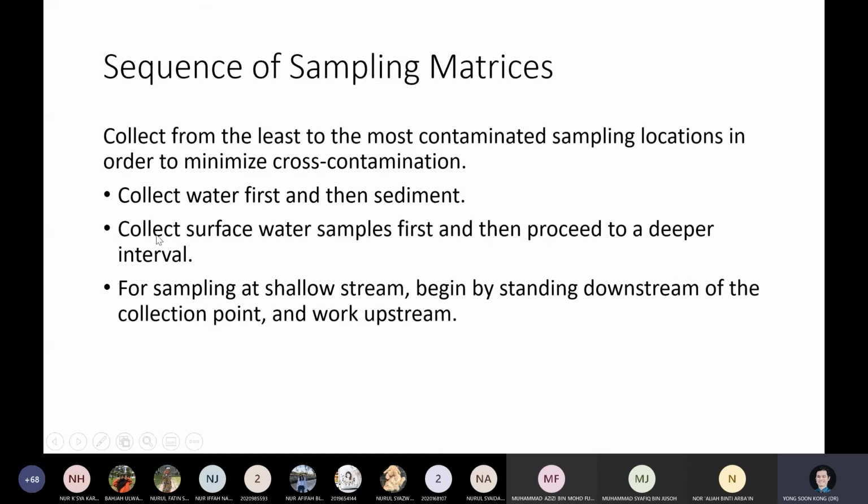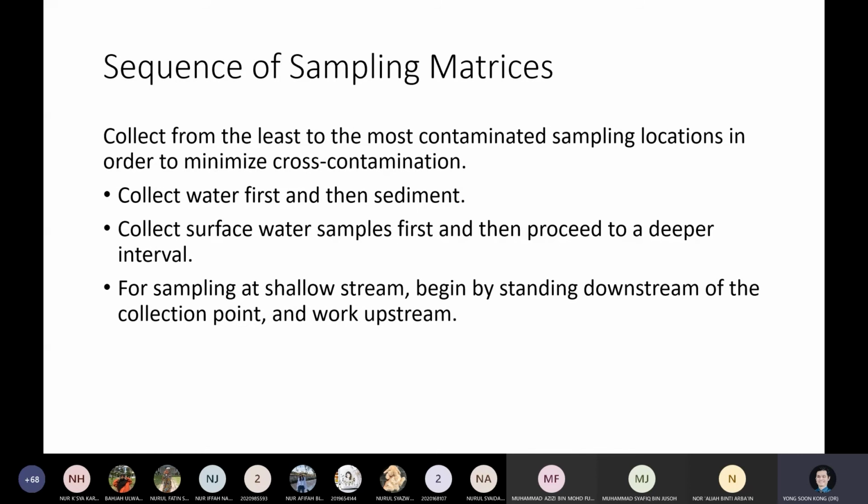So once you have collected water, then after that what? You proceed to a deeper interval. The deeper you go, the more sediment it will contain, until you reach the bottom, at the river banks for example, and then that is pure sediment.